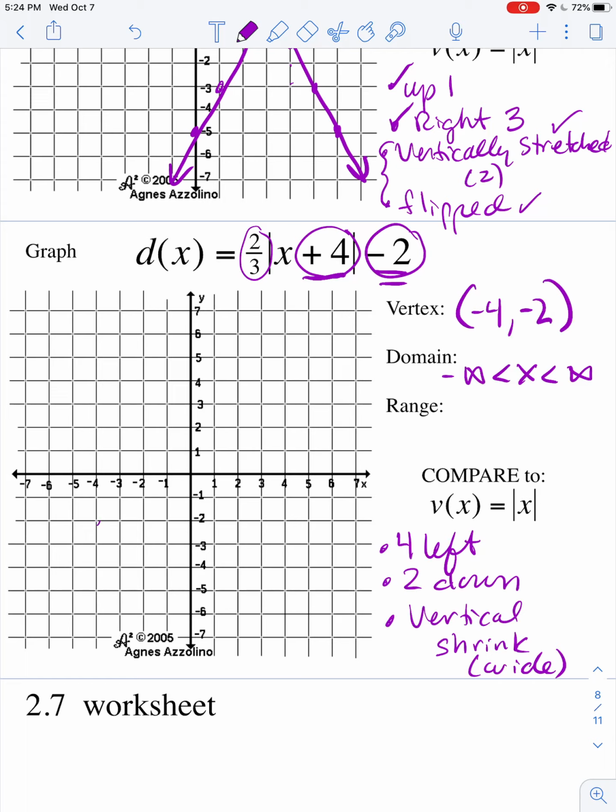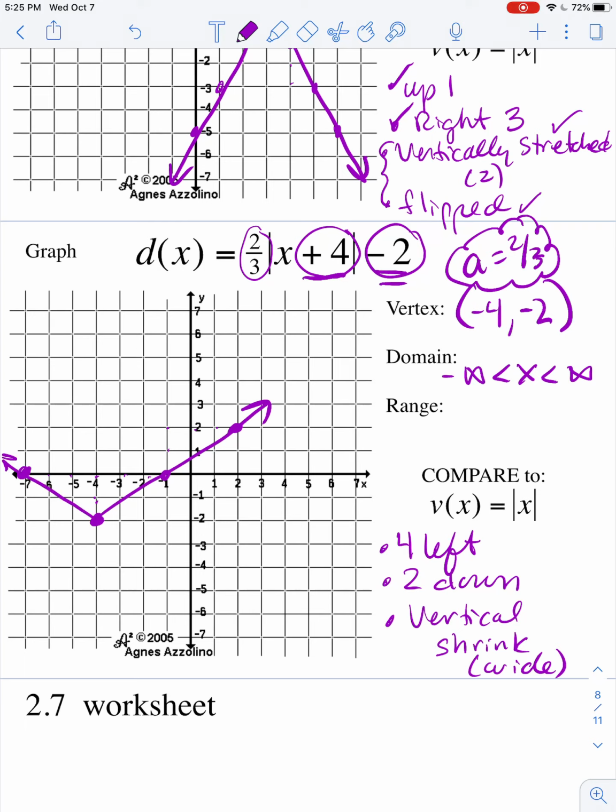And now I'm going to graph it before I do my range. So I'm going to bring myself over here as a start point, and then I'm going to think about my 2/3 a value as the slope of the right side. Up 2 over 3. Up 2 over 3. Then back 3 to mirror that on the other side.